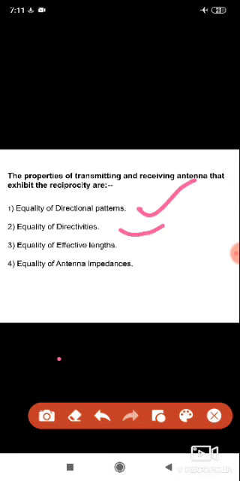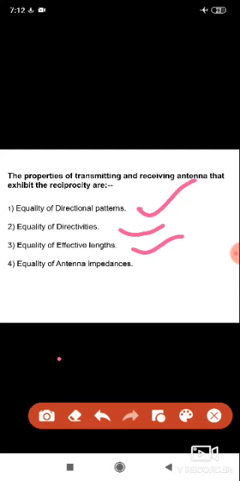Directivity and gain can be denoted by D and G, so we get equality of directivity. Third is the equality of effective length. We know that physical length and effective length are different in an antenna system.